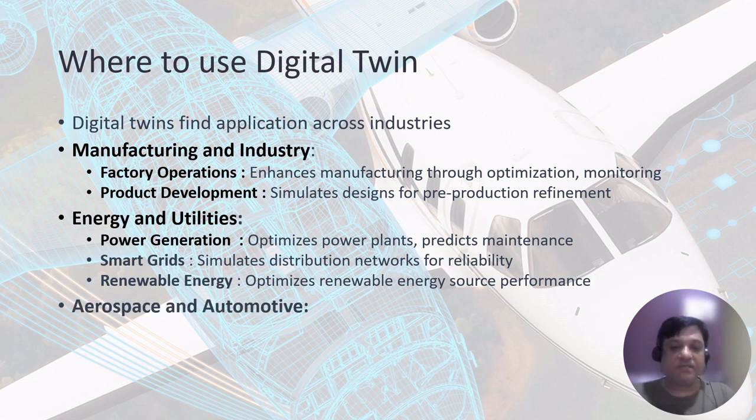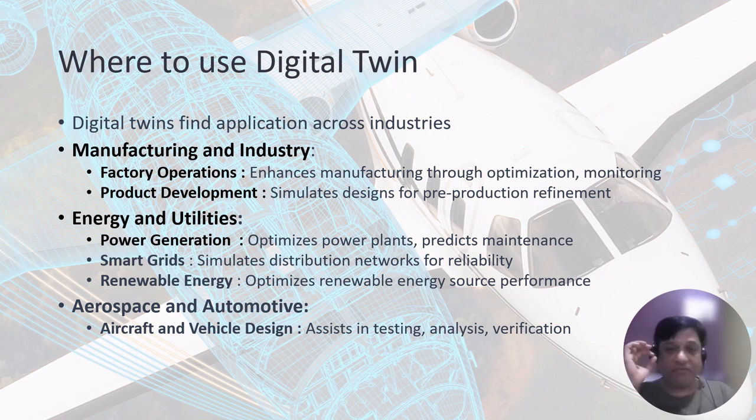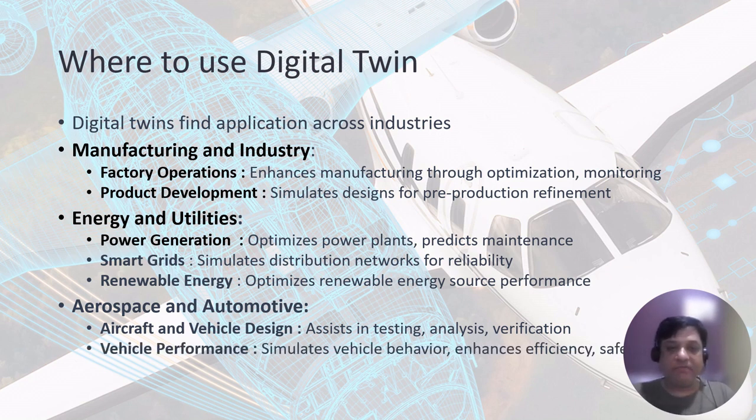The next is aerospace and automotive, and the first one is aircraft and vehicle design. The digital twins support aerodynamic testing, structural analysis, and design verification. Then it's vehicle performance. It simulates the vehicle behavior, aiding in improving fuel efficiency and safety.